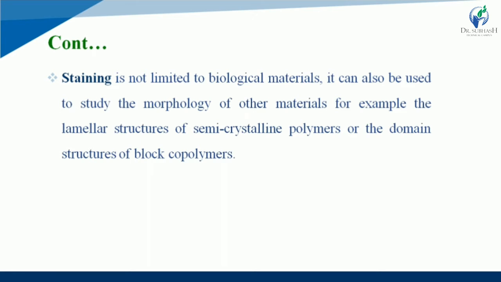That means staining is not limited to only viewing biological materials, but it is also used to study the morphology of other materials. Which type of materials? For example, the lamellar structure of semicrystalline polymer as well as the domain structure of block copolymer.